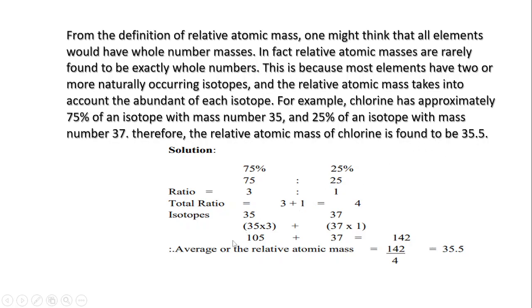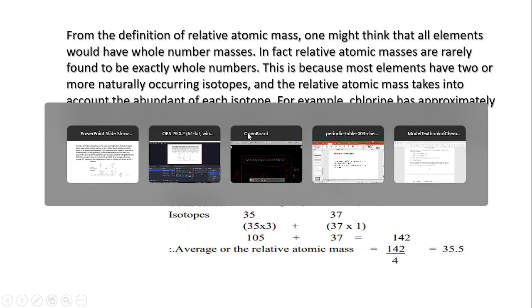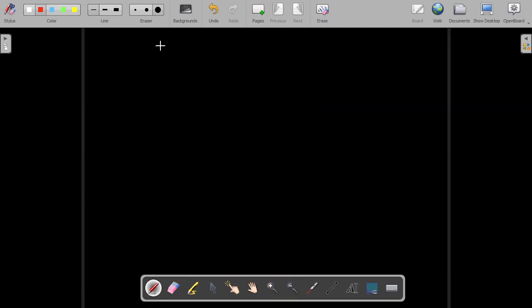So what we want to determine in this segment of the video is how we can determine the relative atomic mass of elements. How can we determine the relative atomic mass of chlorine when this value has been given to us? Chlorine has approximately 75% of an isotope with mass number 35. The isotopes of chlorine have mass number 35 and mass number 37.